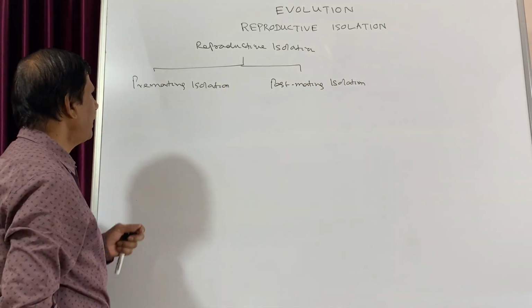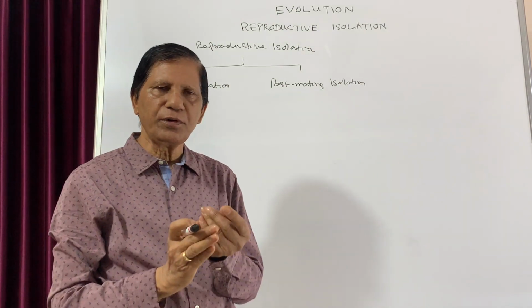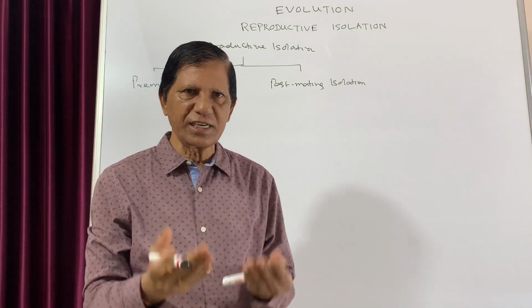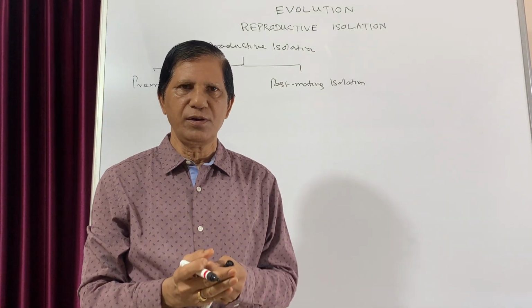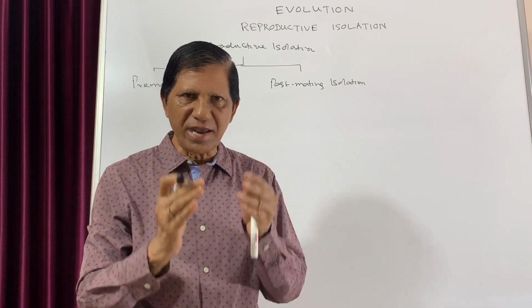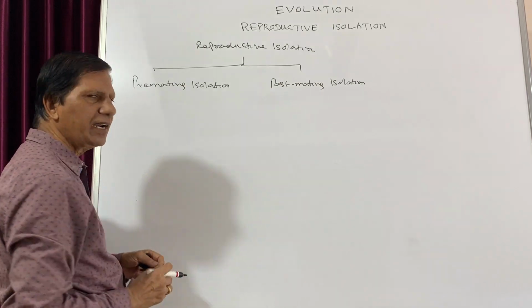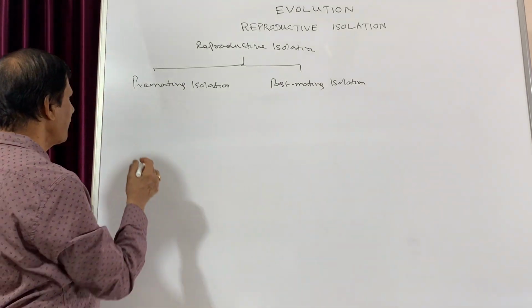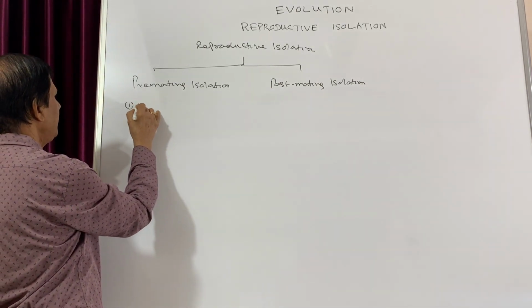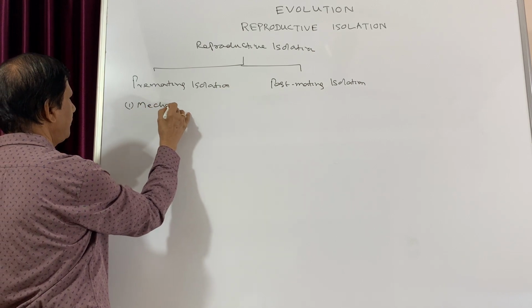Now in pre-mating, that means before mating takes place between two individuals, the barriers come under this pre-mating isolation. Under this there are again sub-categories, and the first one is mechanical isolation.